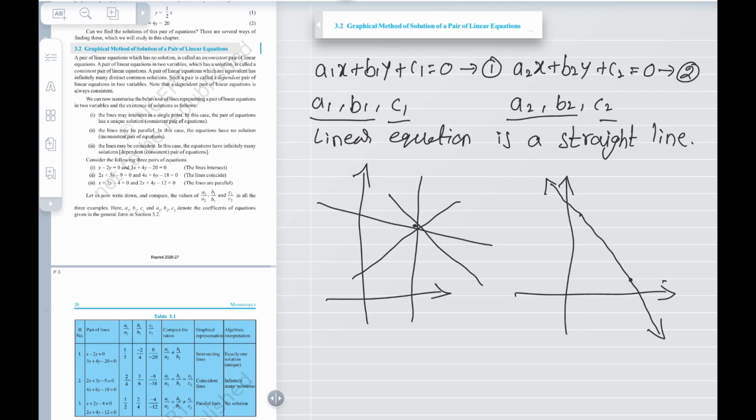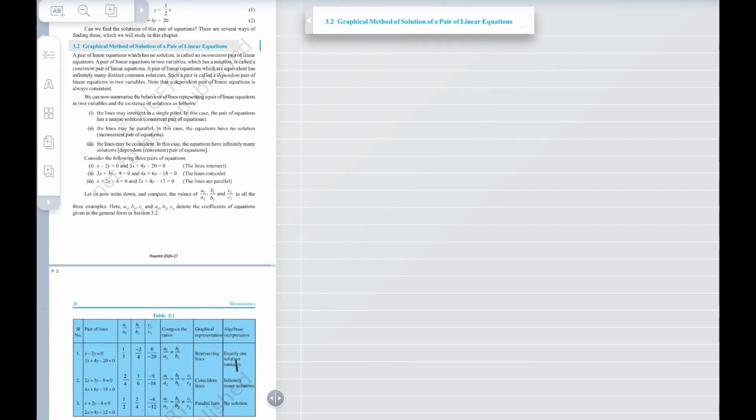Coming to the lesson, we are taking two equations, so definitely two straight lines will come. These two lines can be drawn in three different ways. One is intersecting lines. Another is placing one over the other, which means coincident lines.